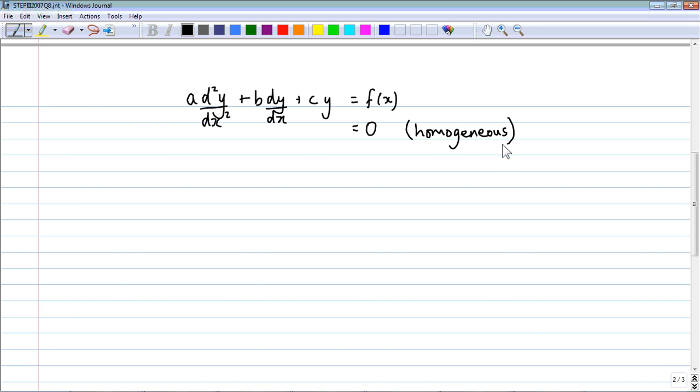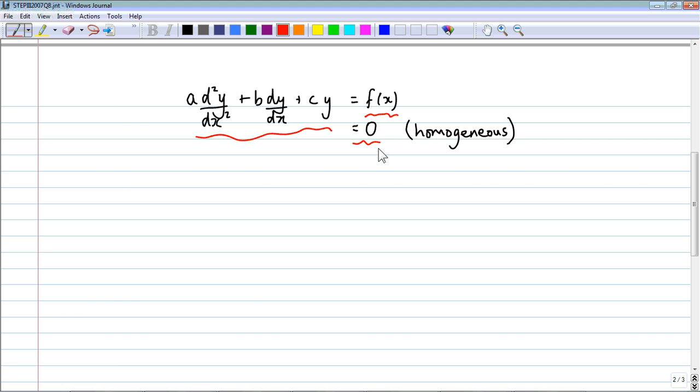It's a bit of a technical word, homogeneous. But you should definitely have already learned how to solve this case, this equals 0, and also this equal to f(x), using the homogeneous case as a sort of subset of the solution set.